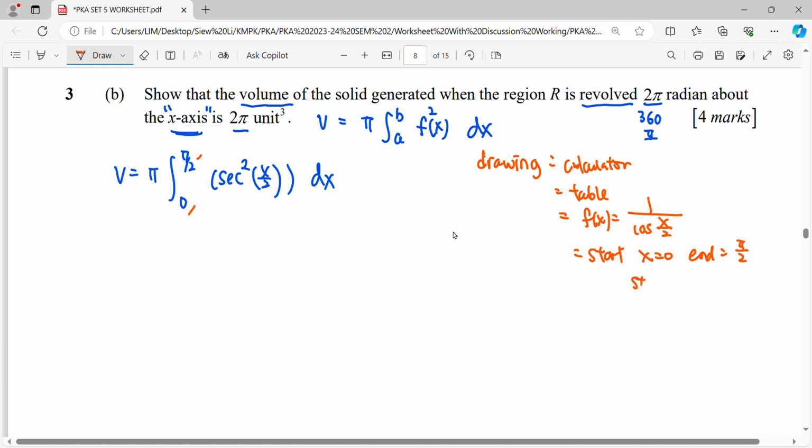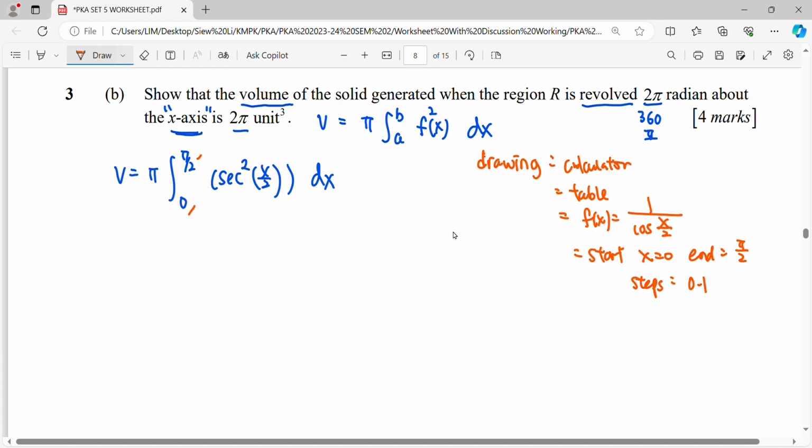Let's say you take a step of 0.1. So you can plot one by one for your graph instead of not drawing anything. Alright, for this question we don't need to draw. If you want to draw, you can come back after this.